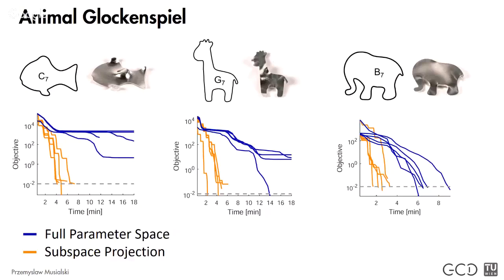Even here it is 10 to minus 2. This is a sum of squared differences, so 0 is the absolute minimum. And this is the comparison to when we would optimize in the full design space. But still, you see that it takes minutes, so it's not that fast.